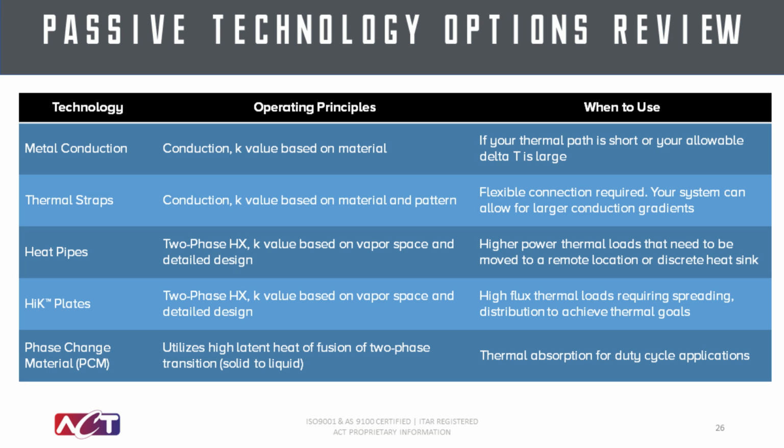The high K plate is another permutation of a heat pipe. Now we're taking those and embedding them into the base metal plates themselves. This allows us to do a lot of heat spreading. This also allows us to incorporate these heat pipes into the bases of heat sinks to improve fin efficiencies.